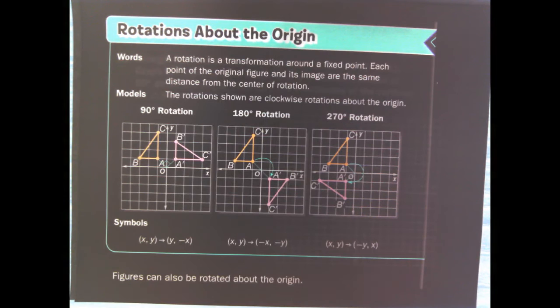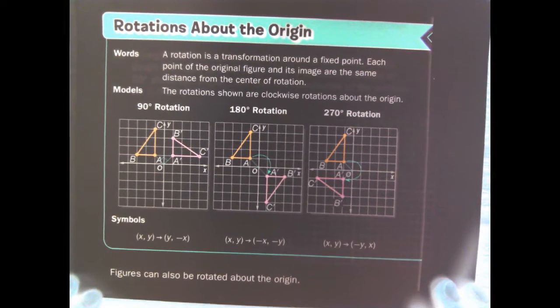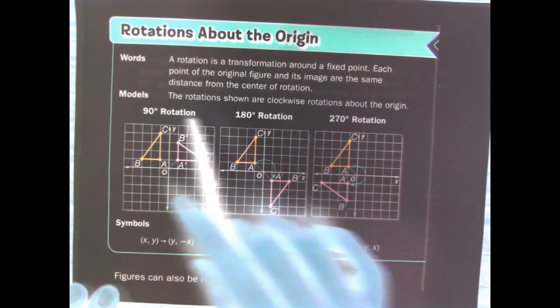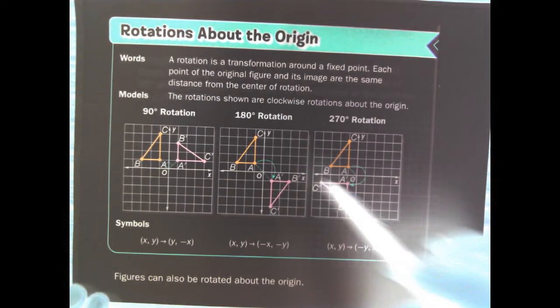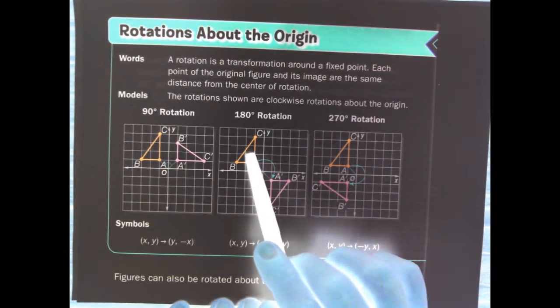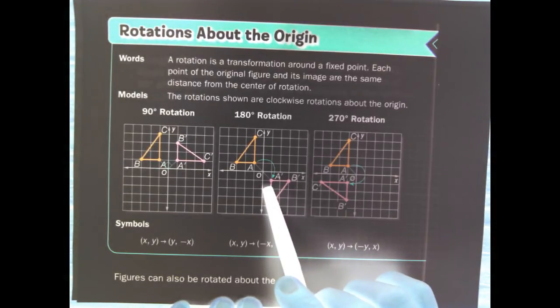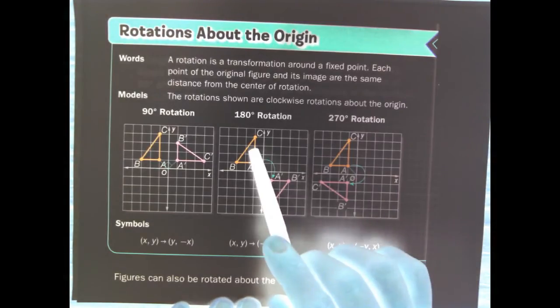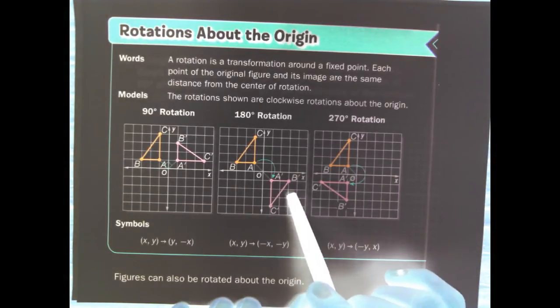Now, all the rotations and the rules that we have are shown clockwise. Now, here's something you have to remember. If I rotate something 180 degrees clockwise, that is exactly the same as if I rotate that 180 degrees counterclockwise.